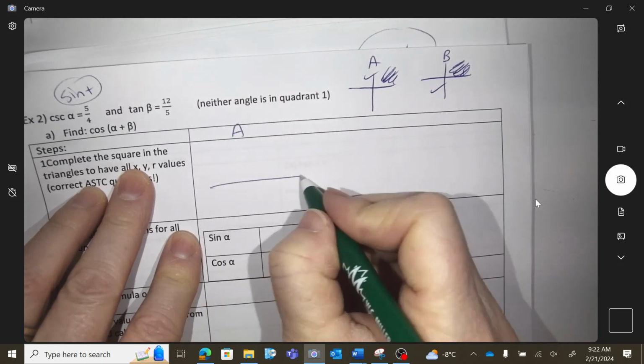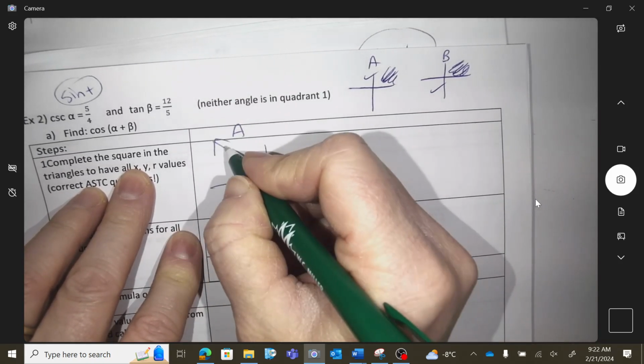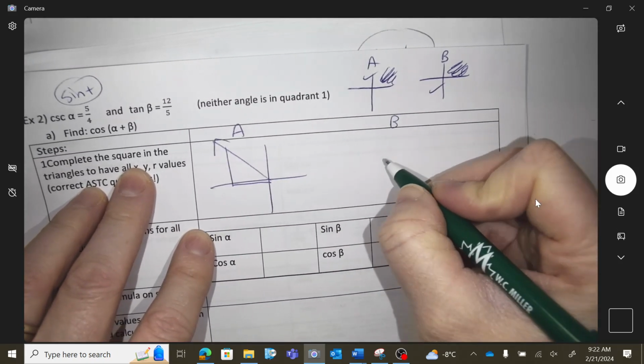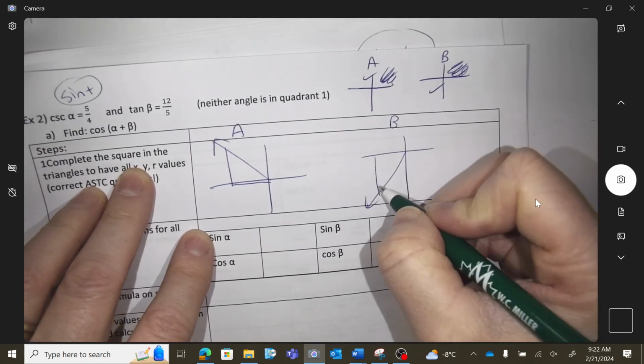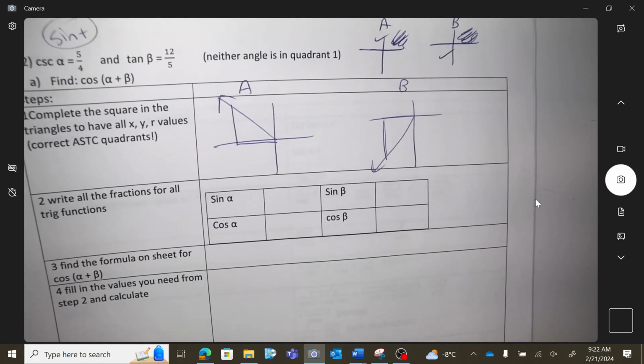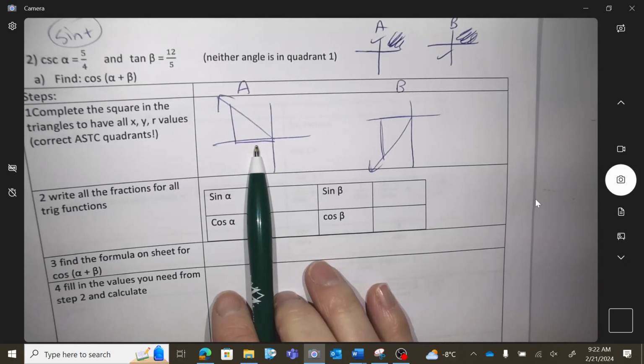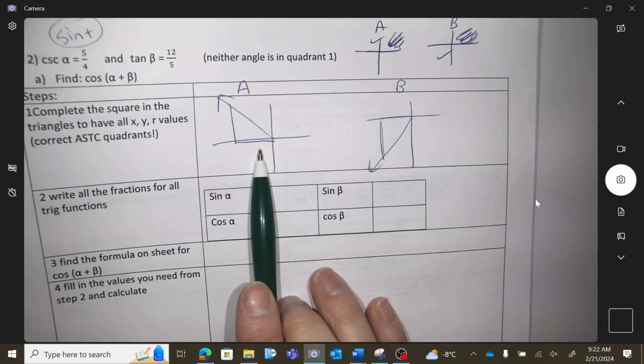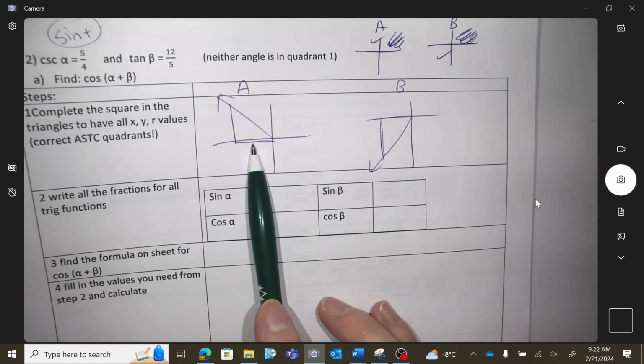So here's my triangle for A, and here's my triangle for B. Okay, so that's step 1, quadrant ASTC stuff. Okay, on A, I need you to put me a 4 and a 5 somewhere on that triangle with your letters.